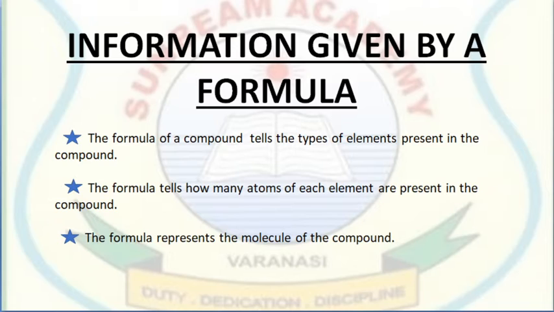It represents one molecule of water, and the formula represents the molecule of the compound. If we have to represent two molecules of water, we write 2H2O, and similarly 5H2O to represent 5 molecules of water. Now children, come to the board to explain it.